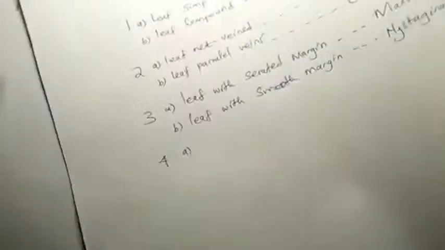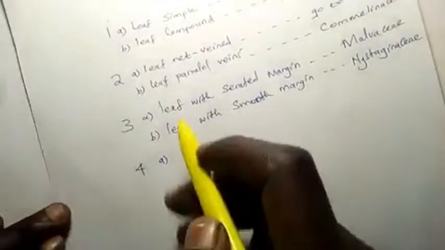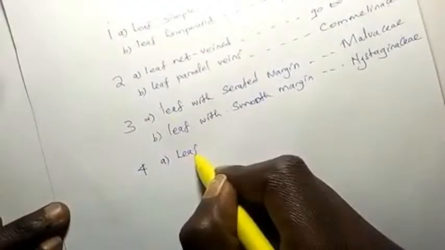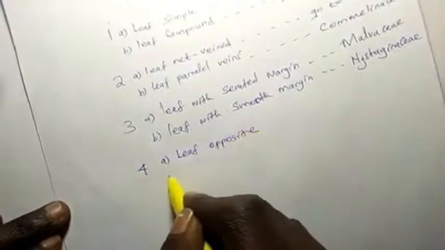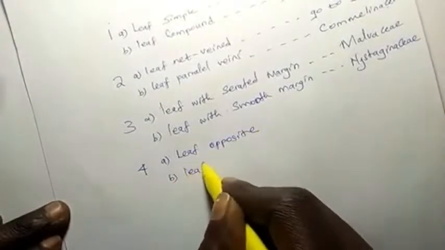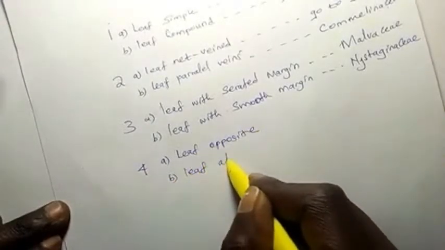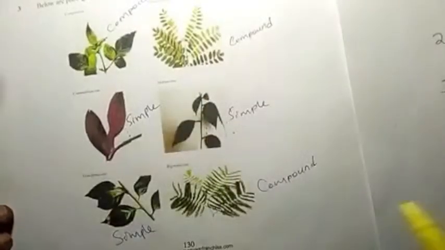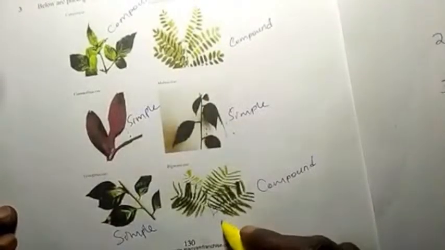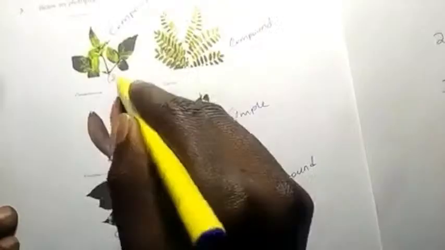I will say leaves with leaf opposite, and B leaf alternate. We have seen leaf alternate is only one, but opposite there are two.